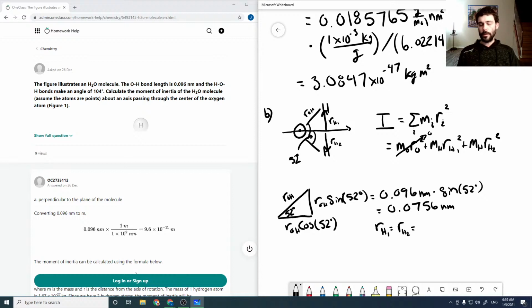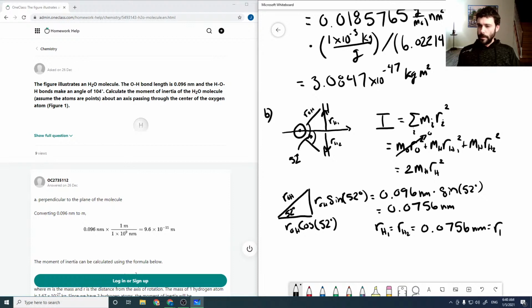The vectors are different, but the unsigned distance is still the same. It's just equal to this value now. So 2 m_H R_H squared.